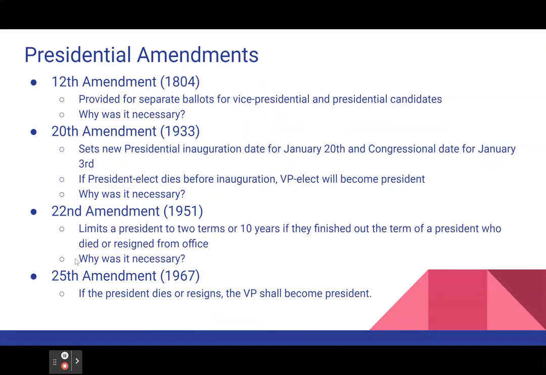So he's got to write them a letter and say, I will be unable to serve out my duties as president of the United States, and in my stead, the vice president will serve as the president. And this is done with the 25th Amendment in place.